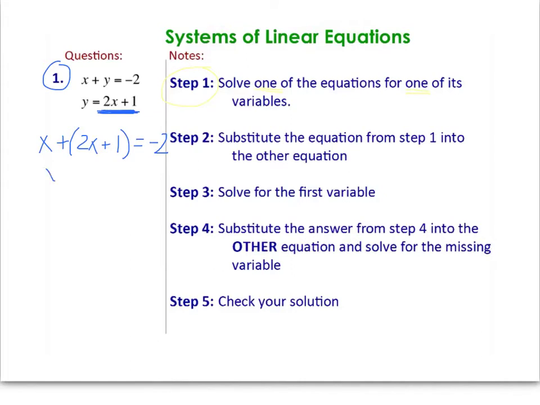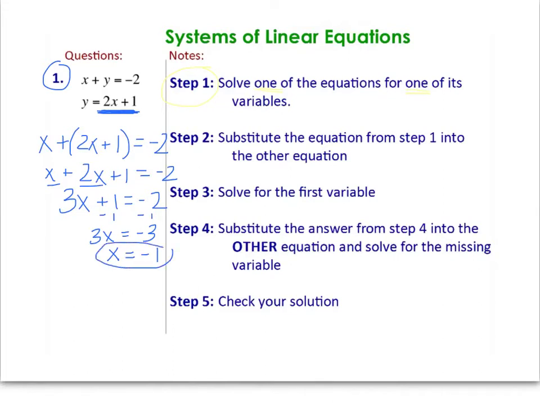I have x plus 2x plus 1 equals negative 2. If I combine my like terms, I get 3x plus 1 equals negative 2. Well, if I subtract 1, I get 3x equals negative 3, so x equals negative 1.